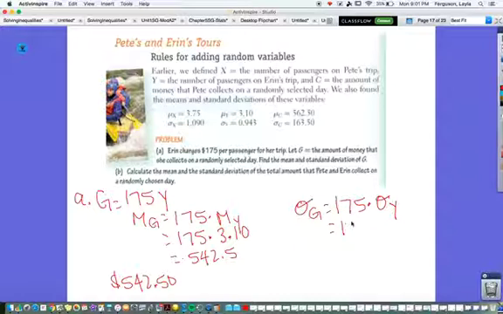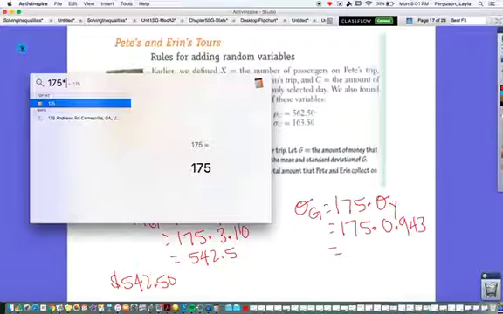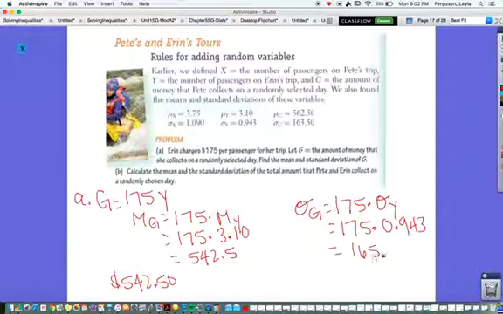So 175 times the standard deviation for Y, which was 0.943, gives me 165.03. This 165.03 represents basically the distance from the mean.